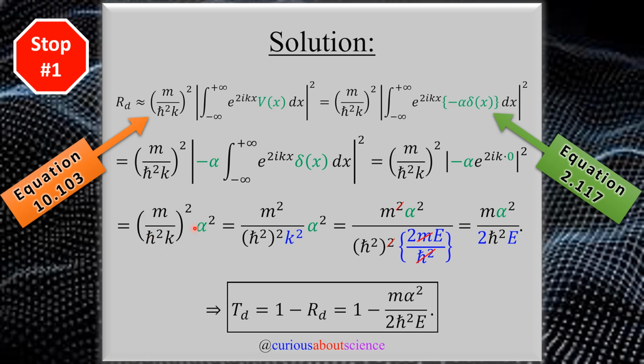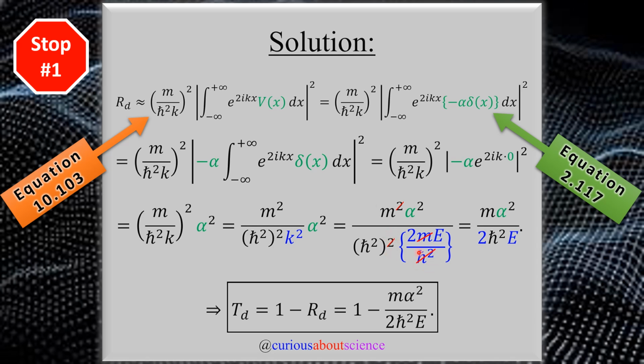But let's square all the terms and our constants here, because we still have to bring into account the energy via the wave number k here. So when we square everything, tidy it up, we see that k here needs to be looked at a little further. And we see that k squared was defined as 2mE over h bar squared. So when we do this, we get a factor of h bar squared canceling.